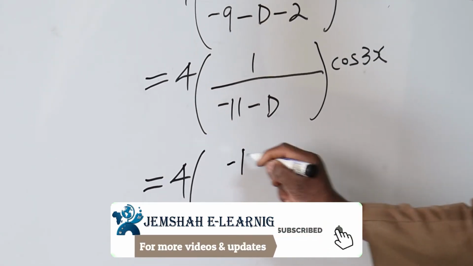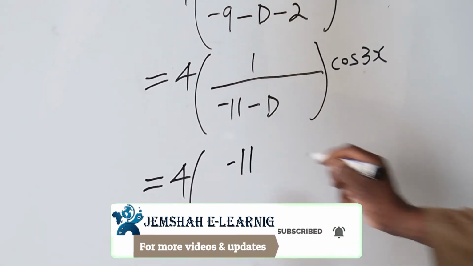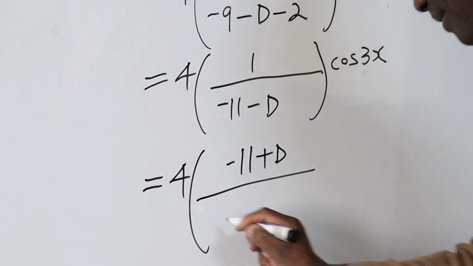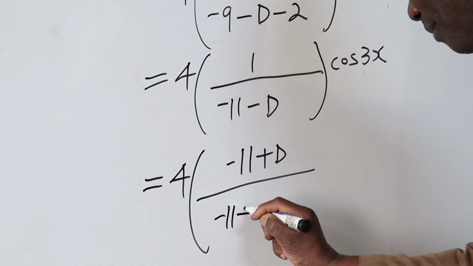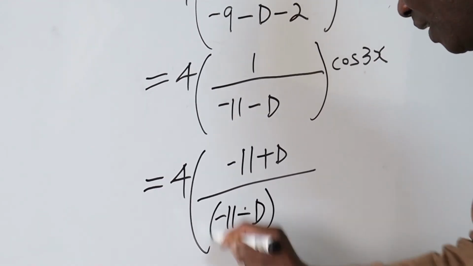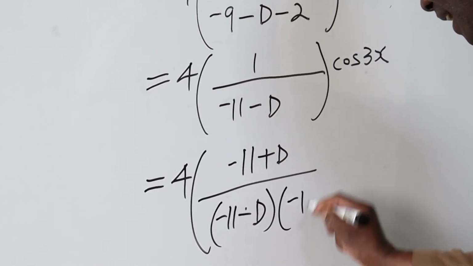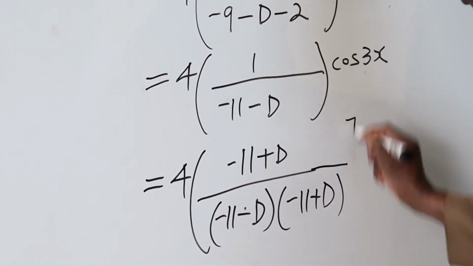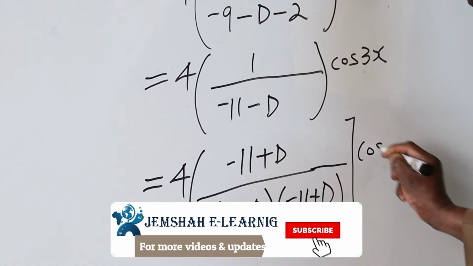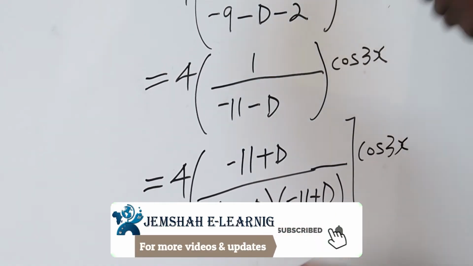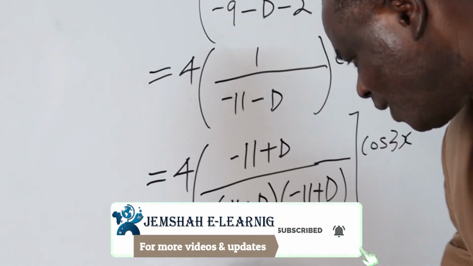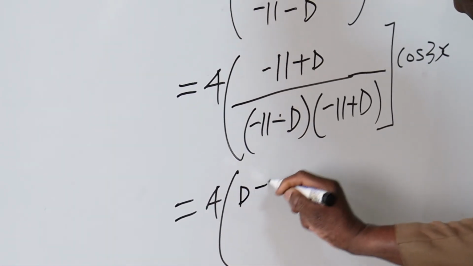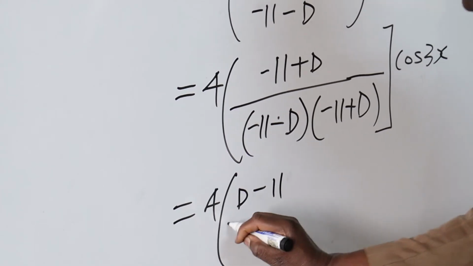So we multiply both numerator and denominator by minus 11 plus D. Here we have minus 11 minus D into minus 11 plus D, multiplying cos 3x, which equals 4 into D minus 11 as the numerator.